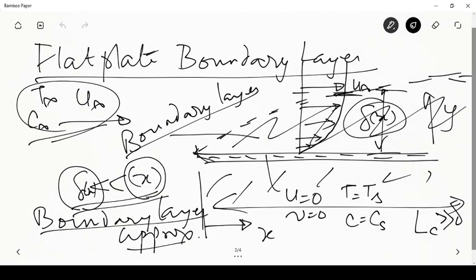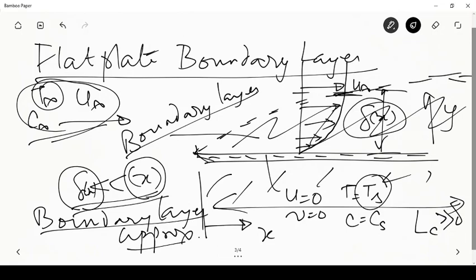So let us say the u is varying between 0 and u infinity. So if I divide u by u infinity, I get a quantity which will vary between 0 and 1, which is what we call the non-dimensional velocity. Similarly, for temperatures, we have a temperature difference characterizing this as Ts minus T infinity. So suppose Ts is greater than T infinity, let us say, then Ts minus T infinity is the characteristic temperature difference.